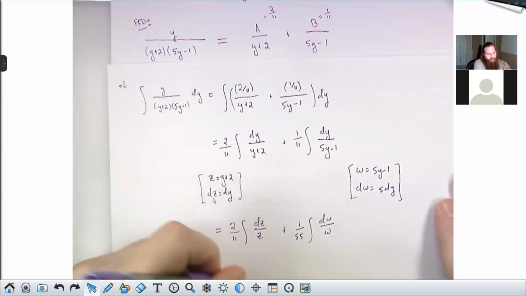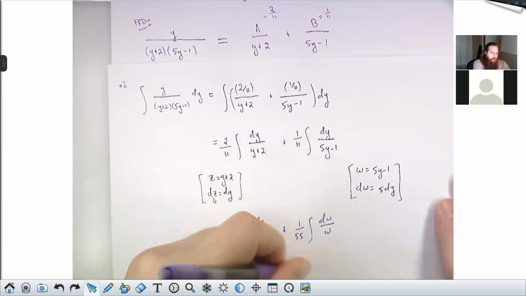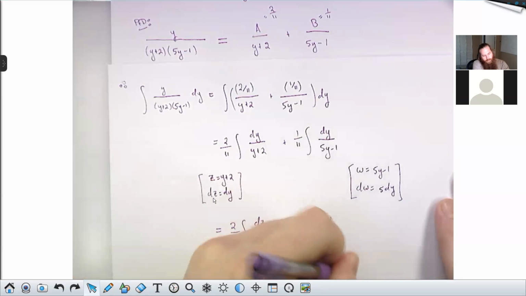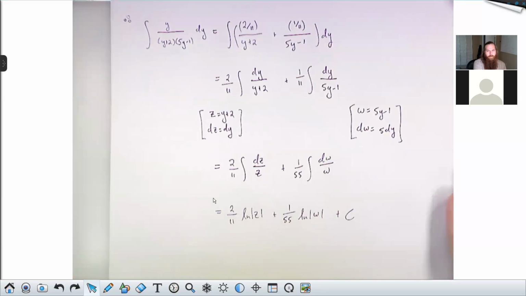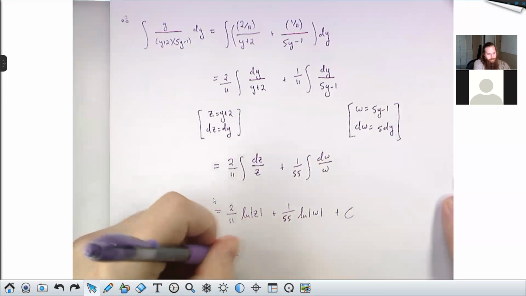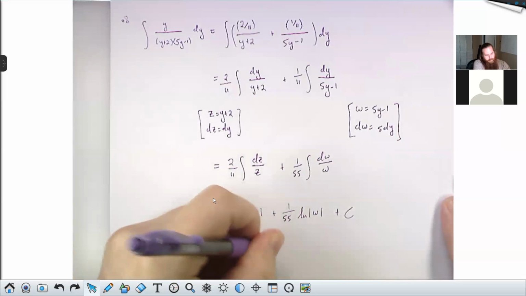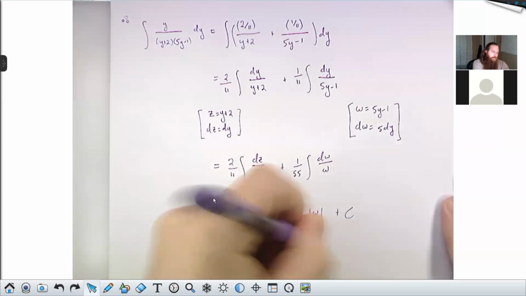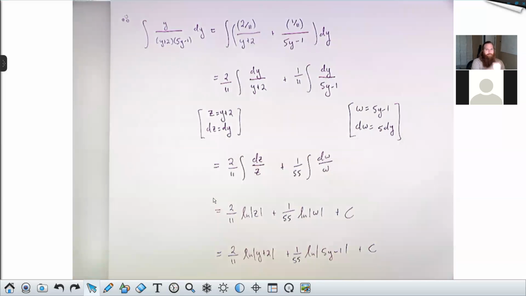So this is 2 over 11 times the natural log of the absolute value of z plus 1 over 55 times the natural log of the absolute value of w plus a constant. And then finally, I go back to my original variable. And we're done.